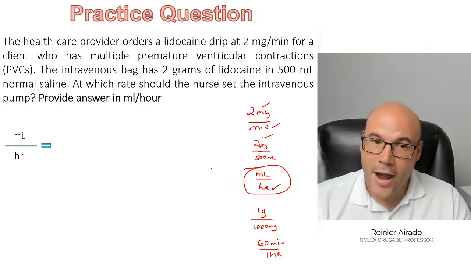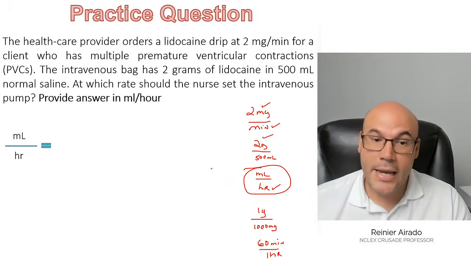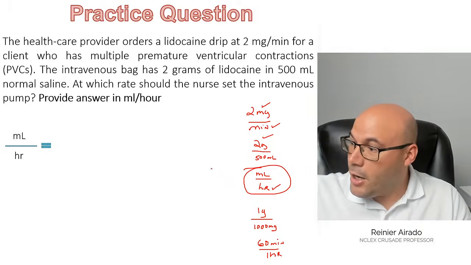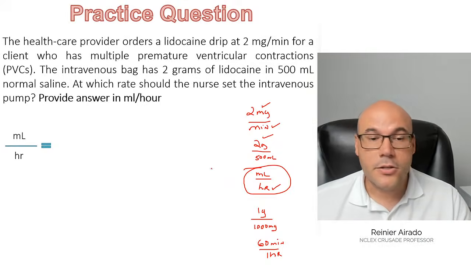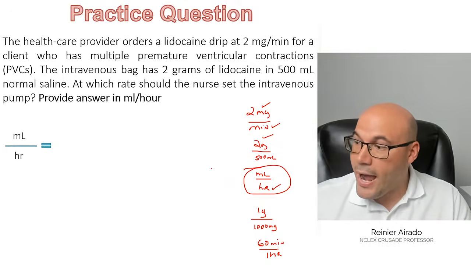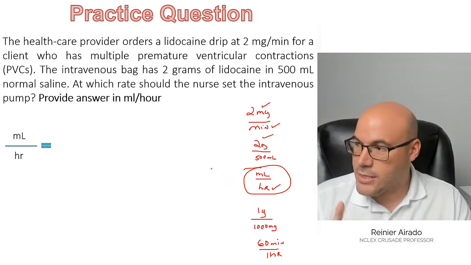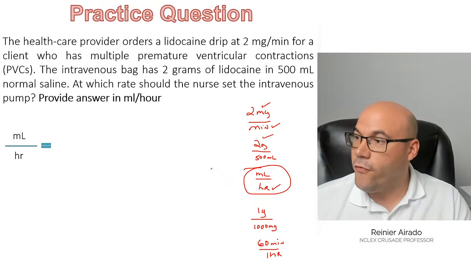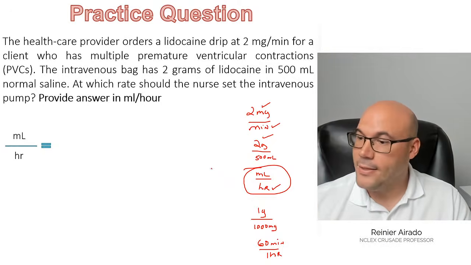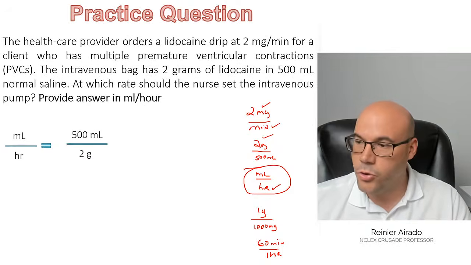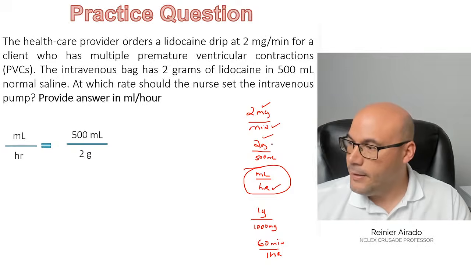So my first fraction needs to have milliliters in the numerator, but none of the information I have has milliliters in the numerator, but I have one that says 2 grams over 500 mLs. What can I do? Flip it. So I'm going to put 500 ml over 2 grams. Perfect. I use this information.